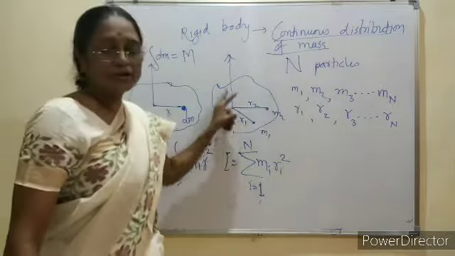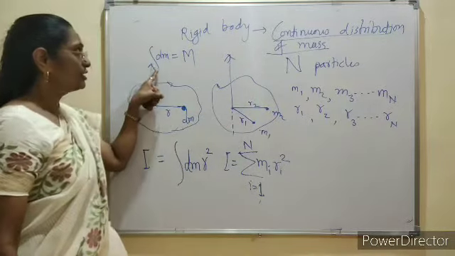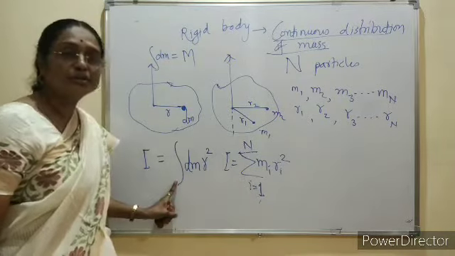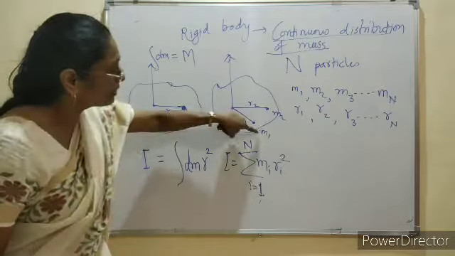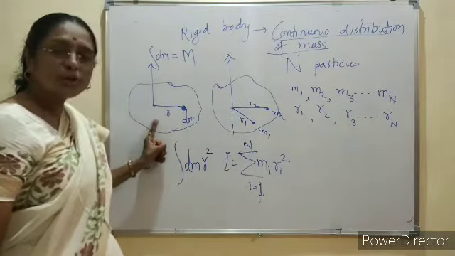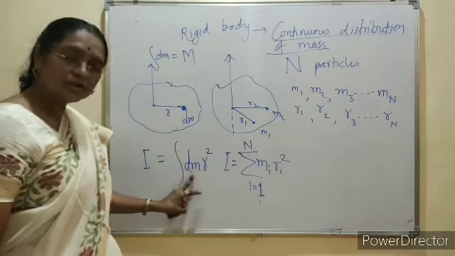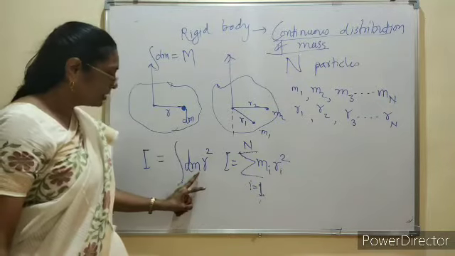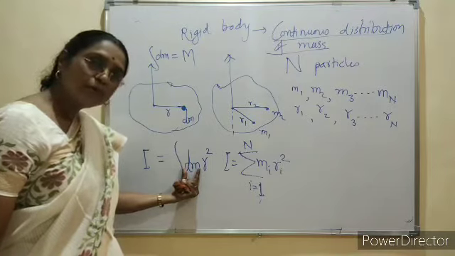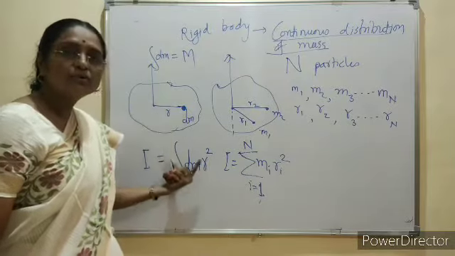The summation we have taken for a discrete or simple distribution. So integration is used instead of summation here. Instead of m1, m2 we have dm, all these small mass elements, and in that integration we write dm into r square, the mass of one element multiplied by the square of its distance from the axis of rotation.